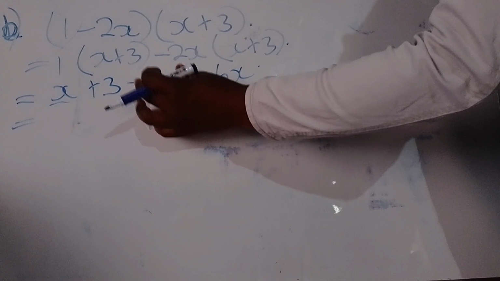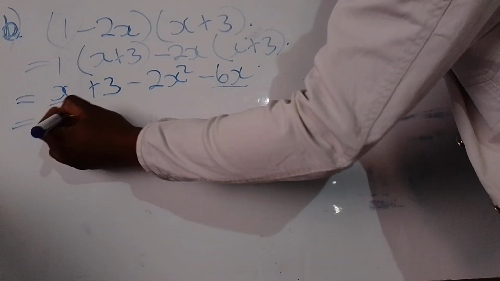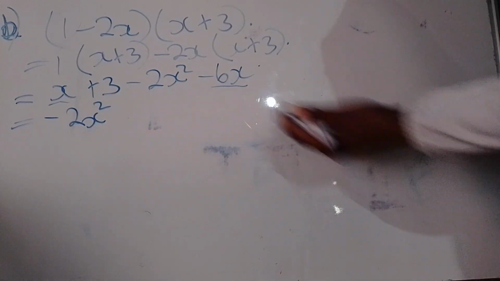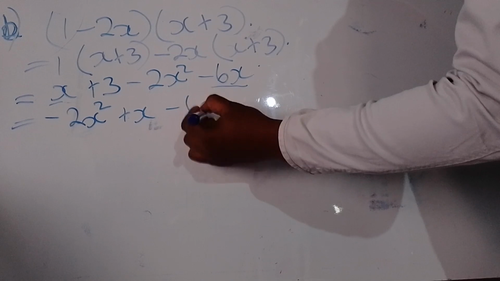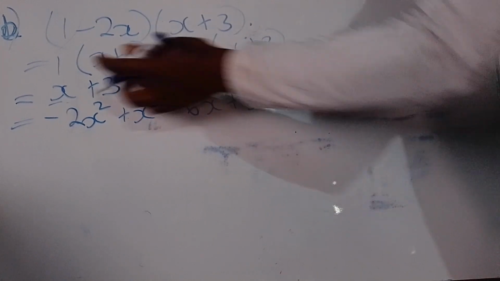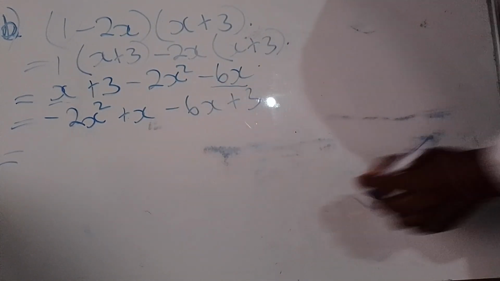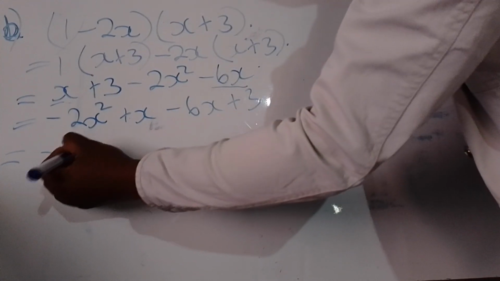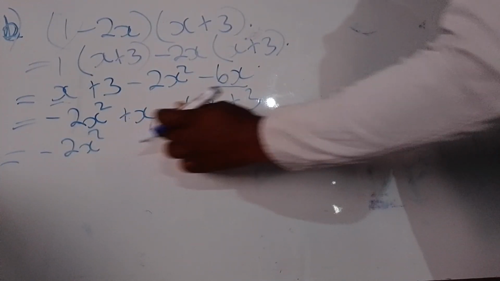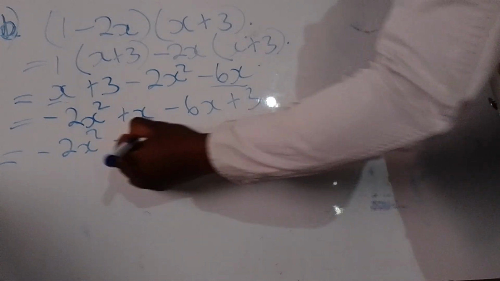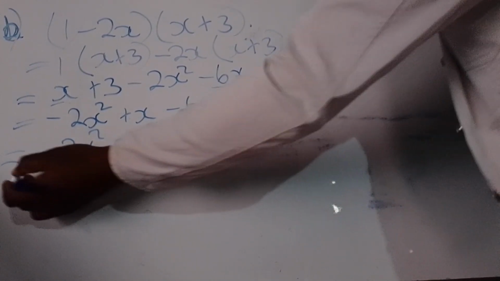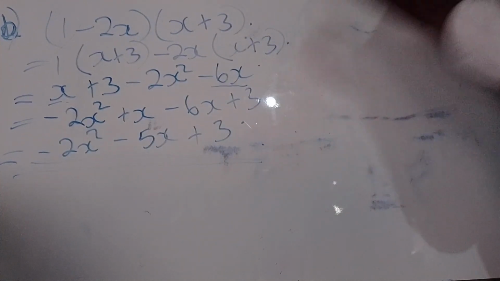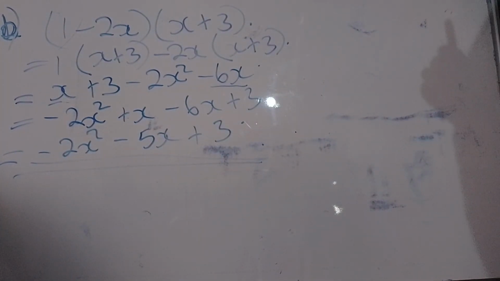We start by writing the highest power of our variable, so it's minus 2x squared, then collecting like terms, plus x minus 6x, plus 3, a term without x. We remain with minus 2x squared, plus x minus 6x is minus 5x, plus 3. So we have expanded our brackets there.